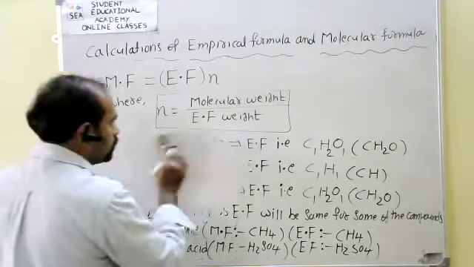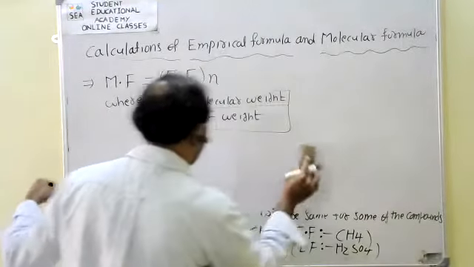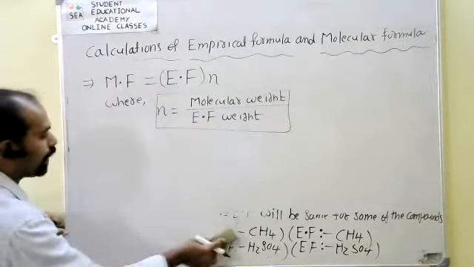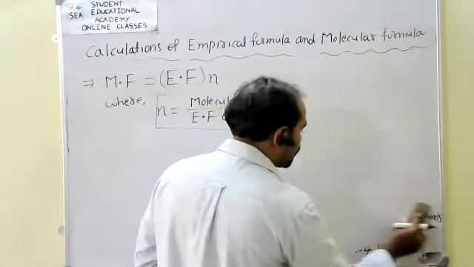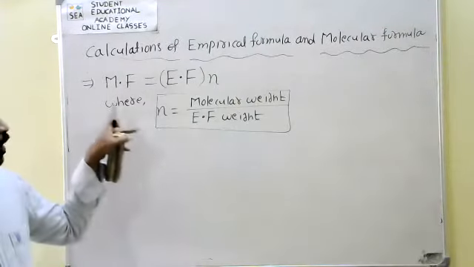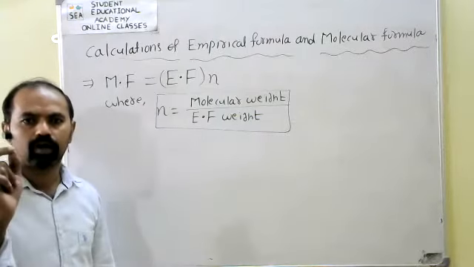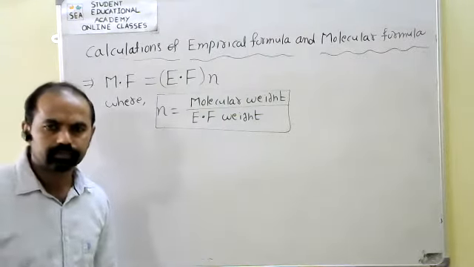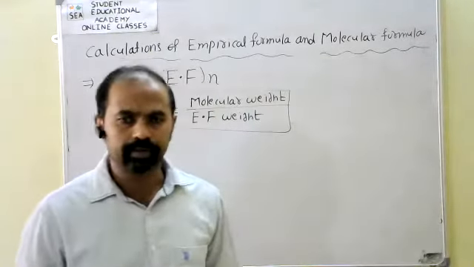See, if we know the empirical formula, based on that we calculate the molecular formula. What is the relation between empirical and molecular formulas? Molecular formula equals empirical formula into N, where N equals molecular weight.